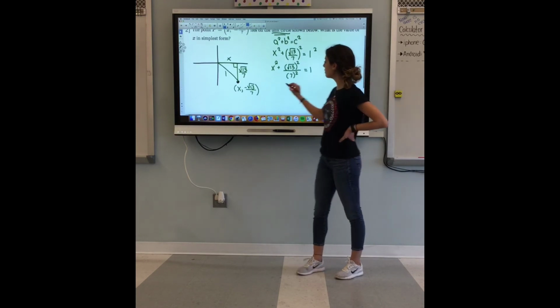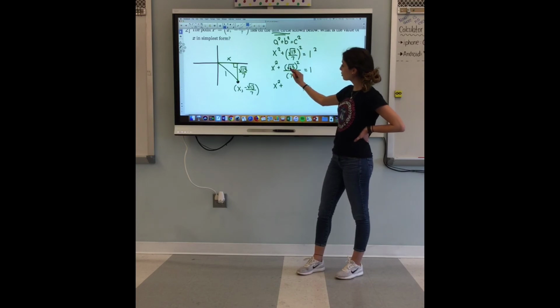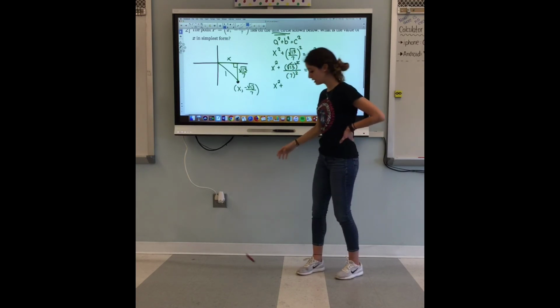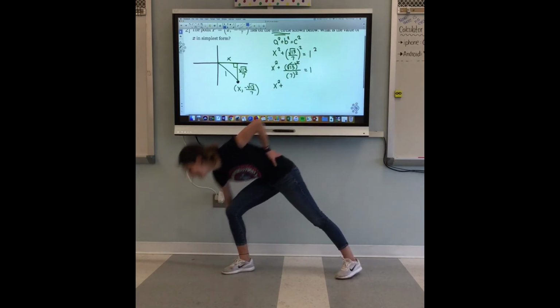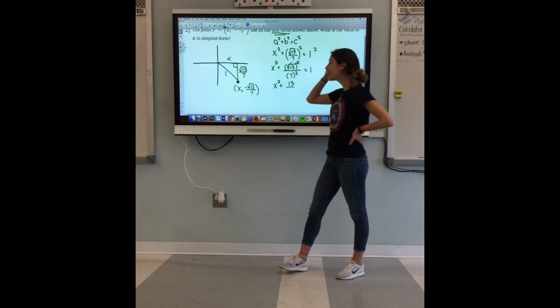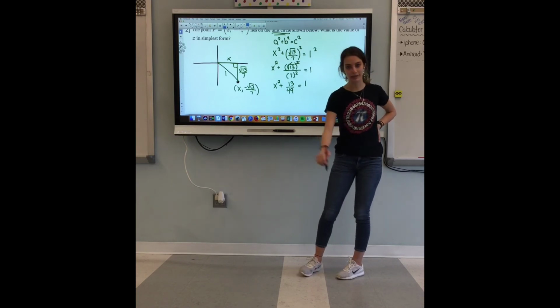Now to simplify more, we get x squared plus the square root of 13 squared. The radical and the exponent, they cancel out. So we get 13 over 7 squared, which is 49. And that's equal to 1.